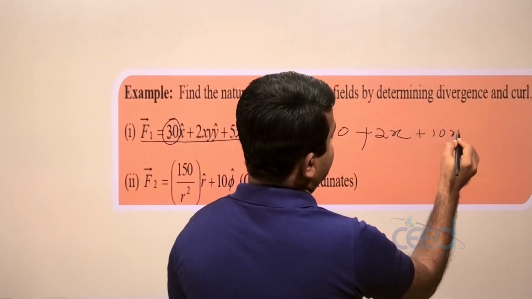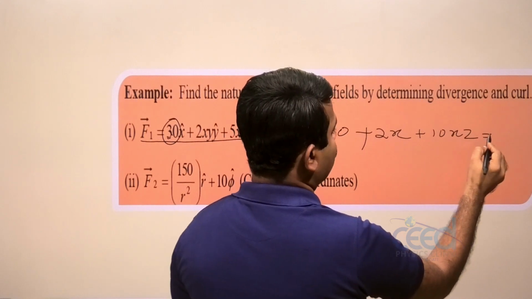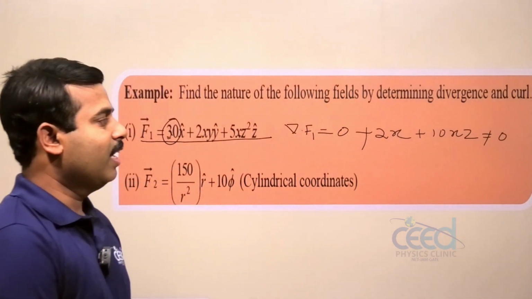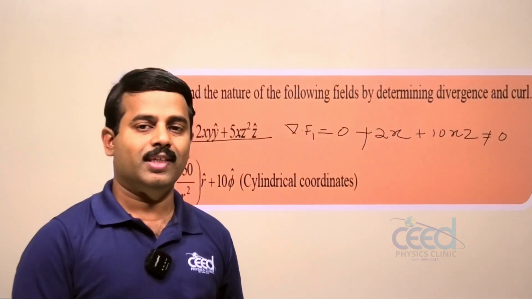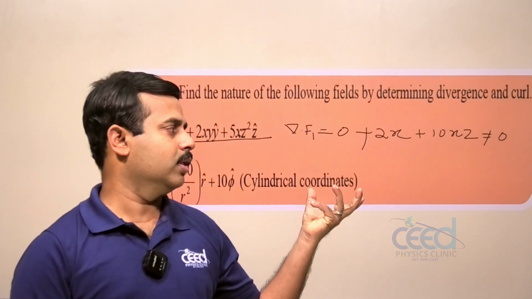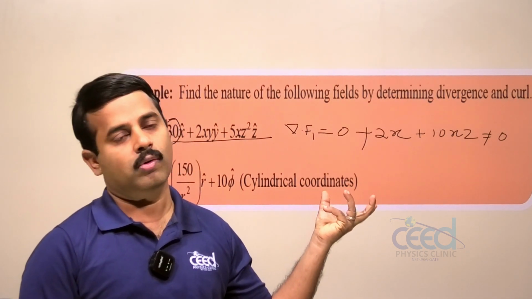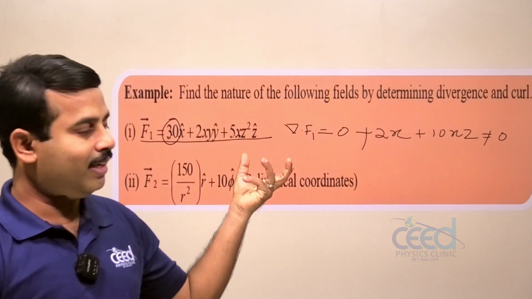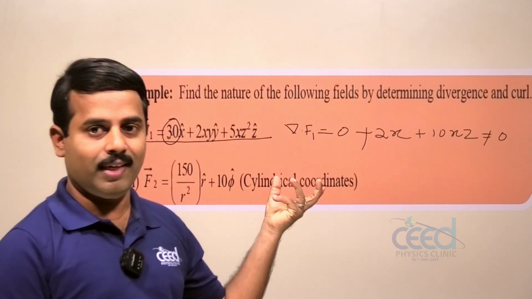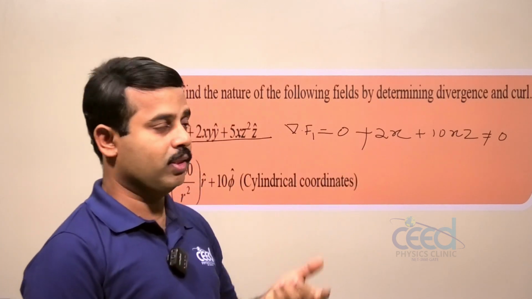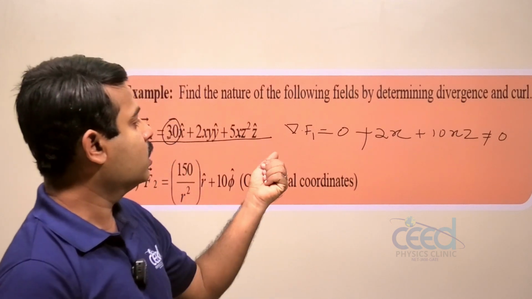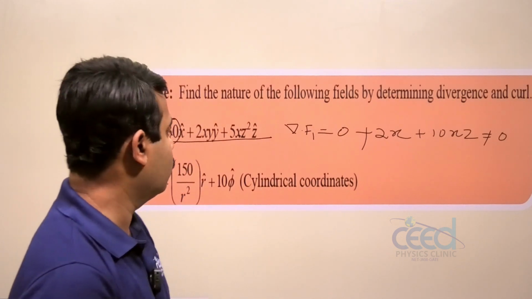So, 10xz. This is not equal to 0, that means its divergence is not equal to 0, so it is not solenoidal, which would require it to be 0. That means it is a diverging quantity, because divergence is not equal to 0.